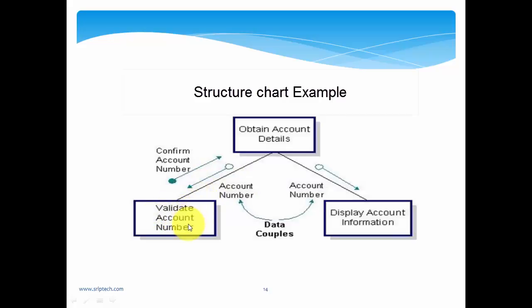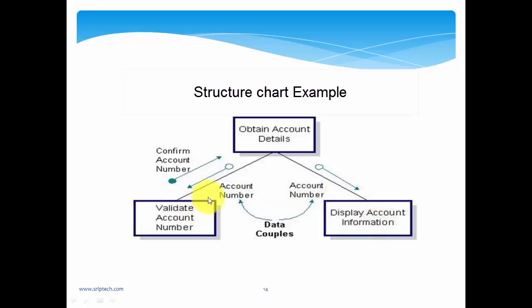If that account number exists, then this module is going to send a control flag to the open account details module. The control flag could be either true or false. If it is true, the account number exists. If it is false, the account number does not exist. Assuming that the account exists, it then sends that account number to another module called display account information, which will display the details of that particular account.